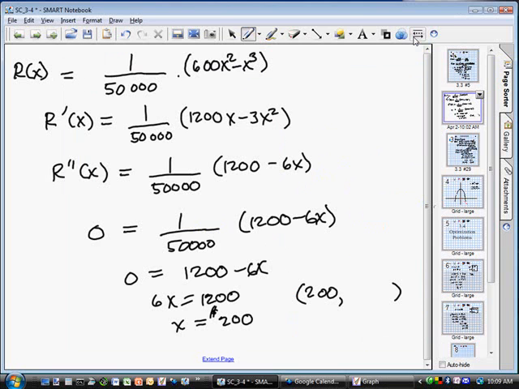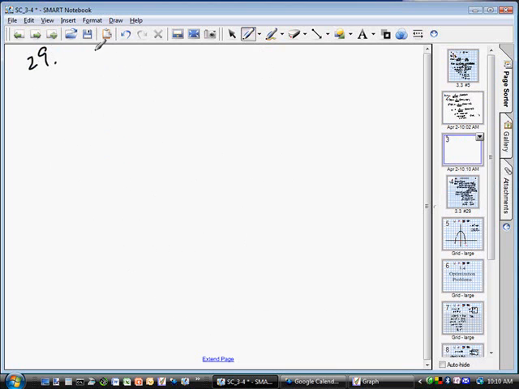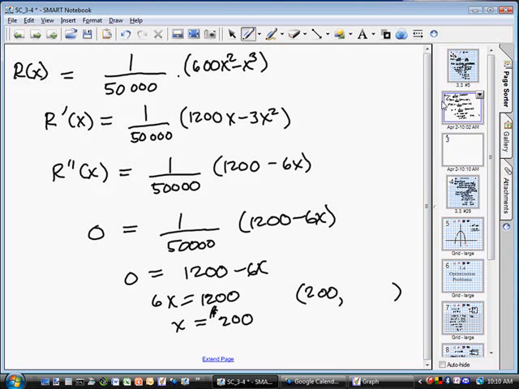Could you do 29? I could. 29. Find the point or points of inflection. I should go back. What was the page number on that previous one? I mean, not page number.